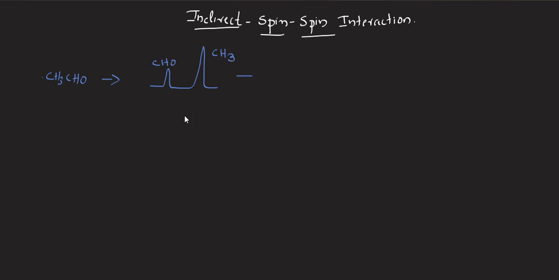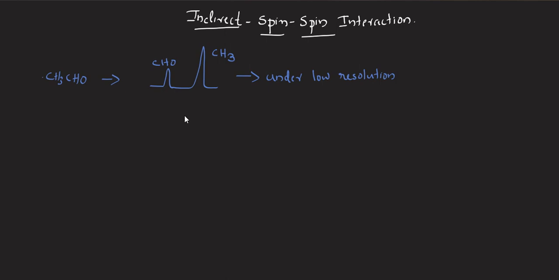Already I have mentioned that the NMR spectrum is seen like this under low resolution, that is, the resolution of the spectrometer is low. If you use a low resolution spectrometer, then the NMR spectrum of acetaldehyde contains two peaks, one corresponding to the CHO proton and the other corresponding to the CH3 proton.